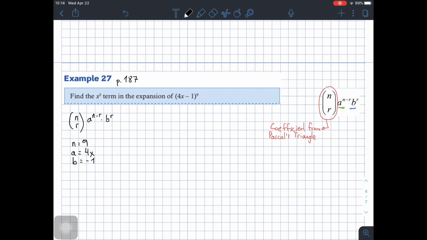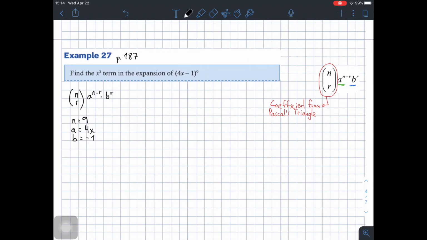Then I'm going to rewrite this as 9Cr, we still do not know r, times (4x) to the power of n minus r times b to the power of r. Okay? So what do we know now? We want to find the x cubed term.